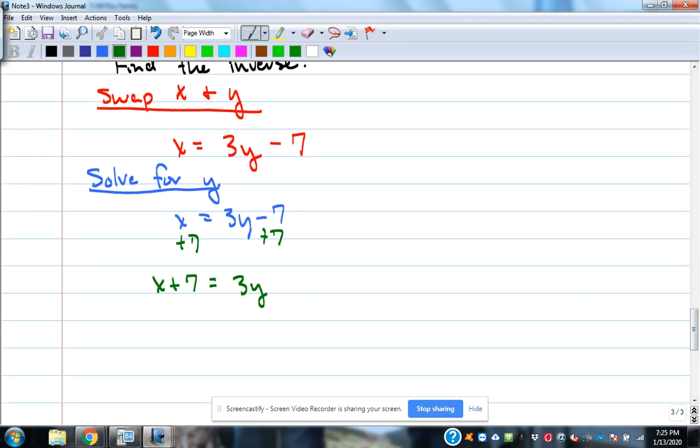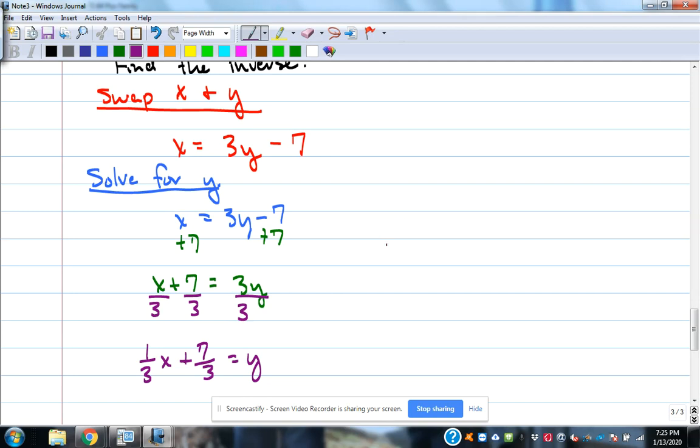And then I'm going to do what? Divide everybody by 3, and I'm going to divide them individually like that. And I'm going to write it as 1/3 x plus 7 over 3 is equal to y. Once I get y by itself, that's the inverse function.